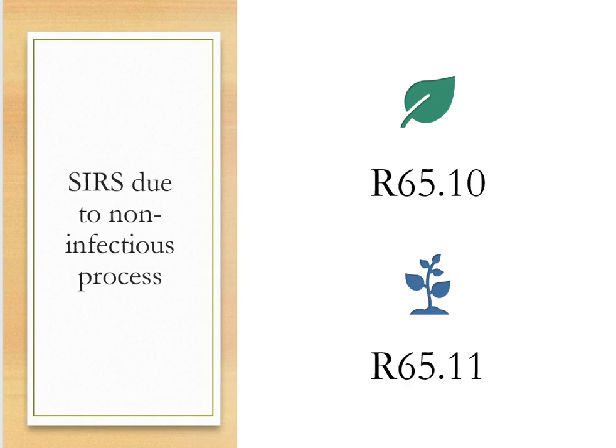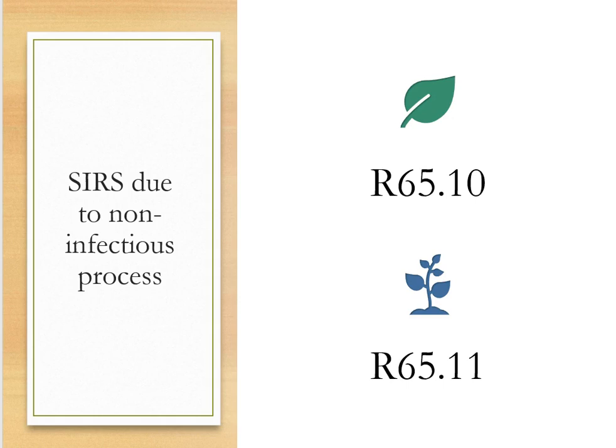Next up, SIRS, Systemic Inflammatory Response Syndrome due to a non-infectious process. So when SIRS is actually documented with a non-infectious process and no subsequent infection is documented, the code for the underlying condition, such as the injury, should be assigned, followed by code R65.10 or R65.11.